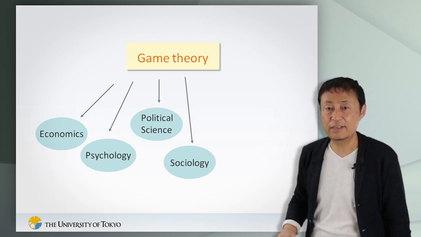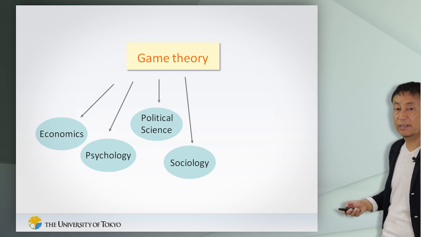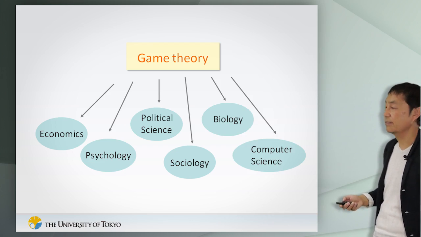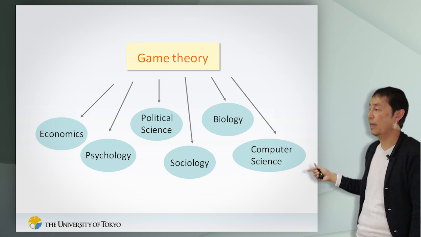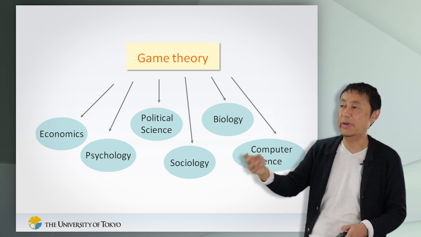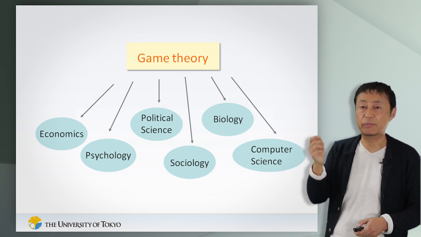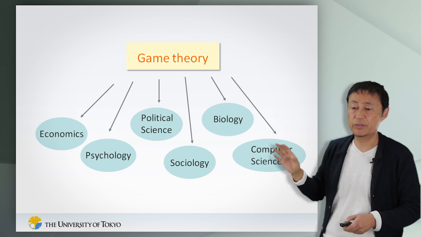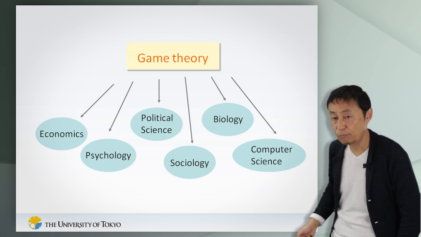Outside of social sciences and humanities, game theory has also been applied to natural science, notably biology, and also computer science. Okay? So the struggle for existence of animals and plants is a kind of game. What is best for one species may depend on how other species behave. So you can apply the concepts of game theory to biology. And the branch of biology which uses game theory is called evolutionary game theory.